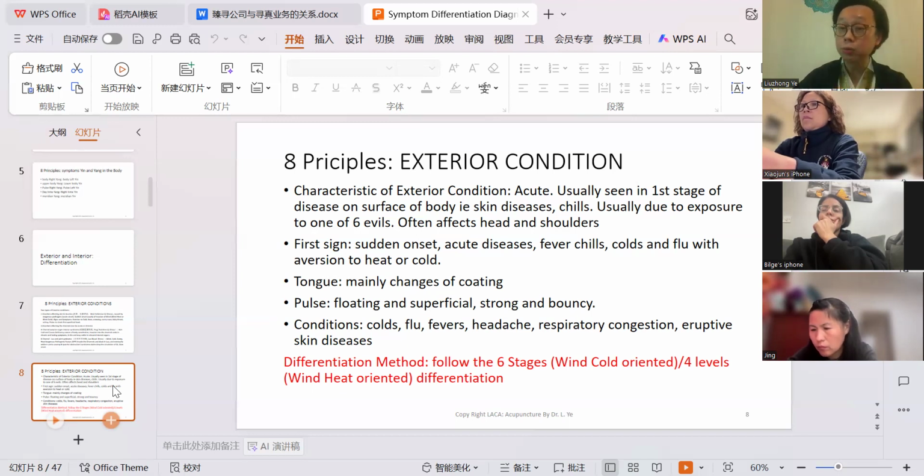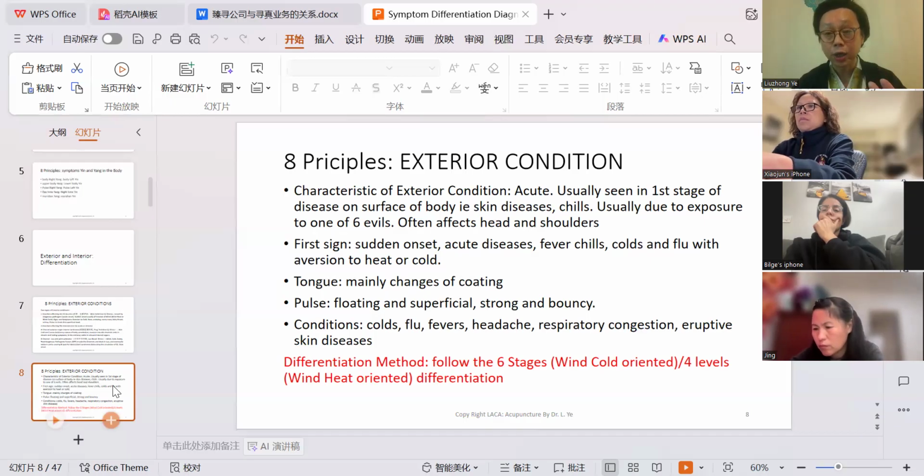And then which one to use depends on the symptoms. 六经 is related to the cold symptoms, and 卫气营血 is to do with the wind heat symptoms. Then how do you know if it is cold symptoms or heat symptoms?